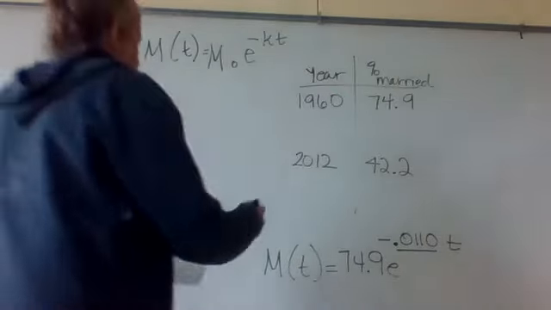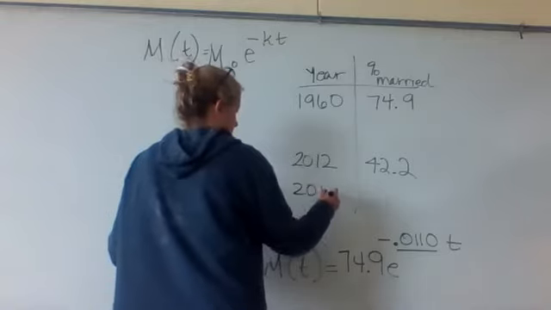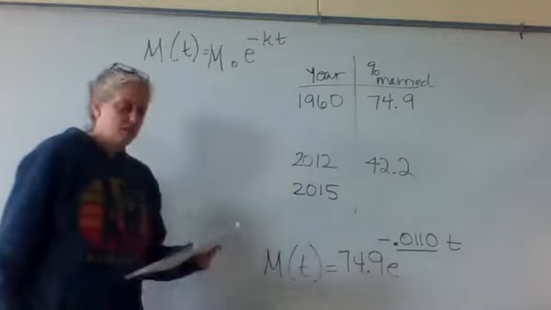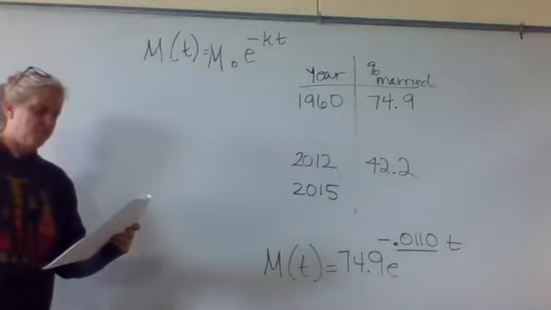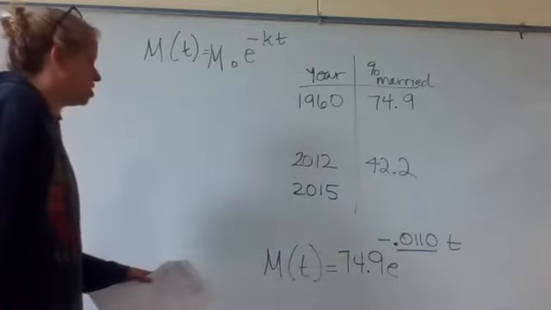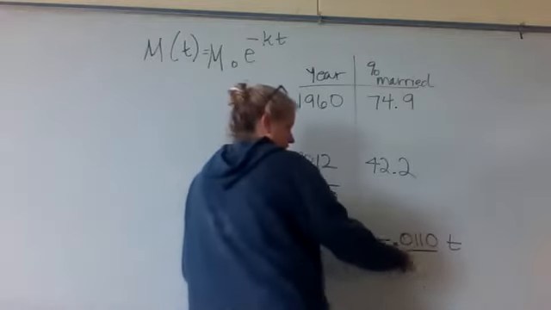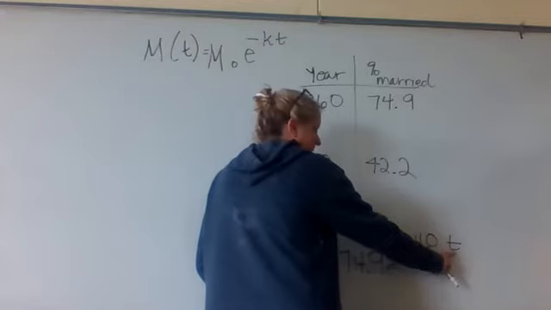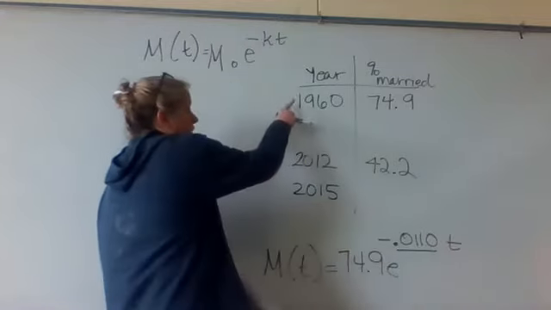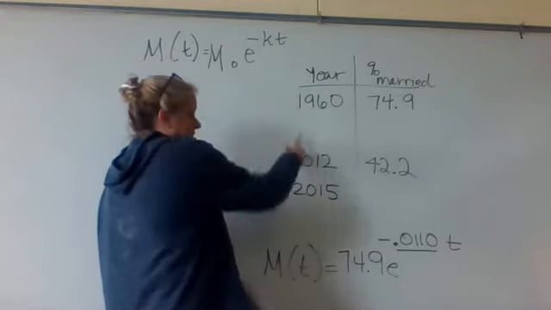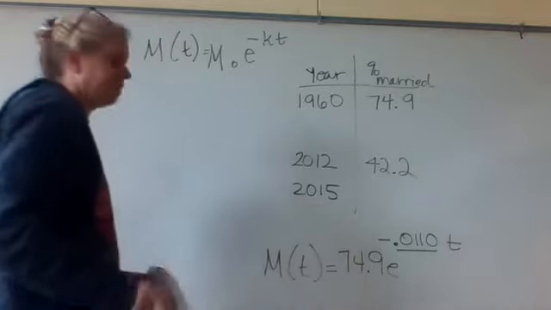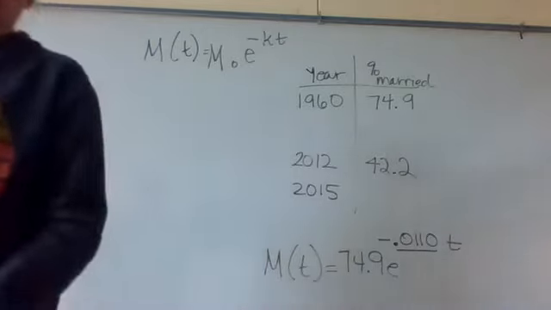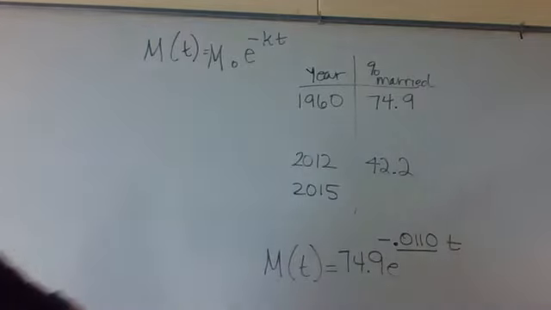In 2015, what percent of adults will be married? So here's my formula. This is how fast it's dropping. I know t now. So what was the beginning time? 1960 to 2015, which is 55 years.